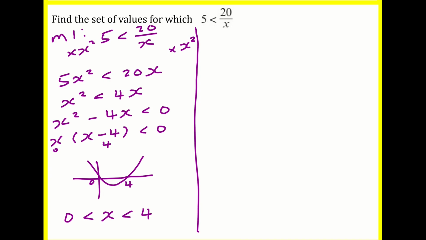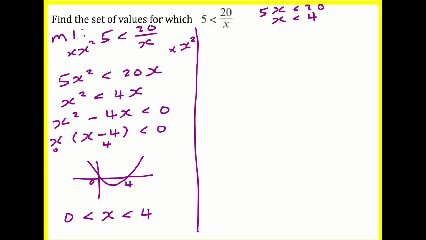So in this case, if you had multiplied through by x, you would have got 5x is less than 20, and therefore x is less than 4, and you wouldn't have ruled out x being minus 1, which it actually can't be, because you can substitute minus 1 into here, and then you don't get that 5 is less than minus 20.